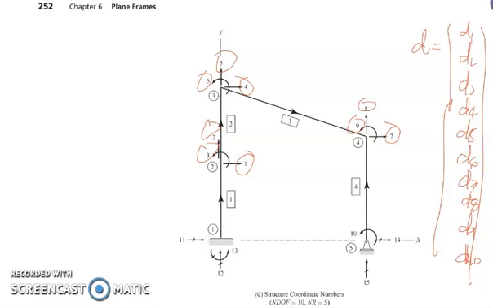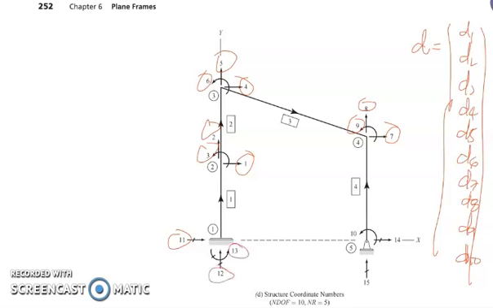So we have to number. You number first along x followed by y, then the rotation, for the restrained coordinates. We ended up with 10 for the degrees of freedom, so here we have 11, 12, and 13.